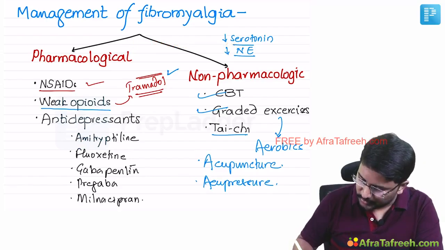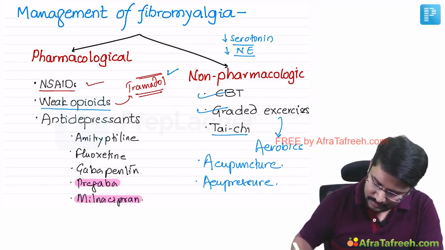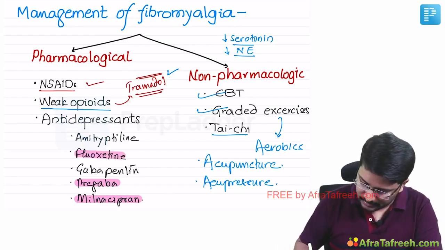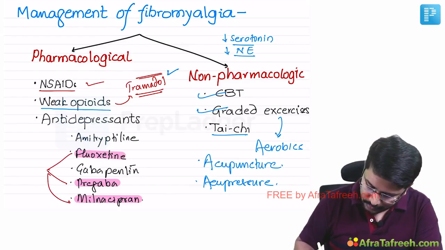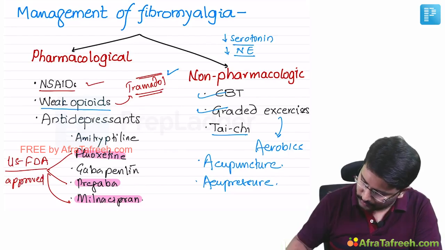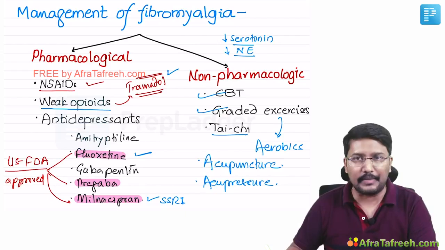I particularly want you to remember 3 drugs: milnacipran, pregabalin, and fluoxetine. There is a reason behind that. These 3 are US FDA approved for treatment of fibromyalgia. From these, you already know fluoxetine is an SSRI, and milnacipran is also an SSRI.